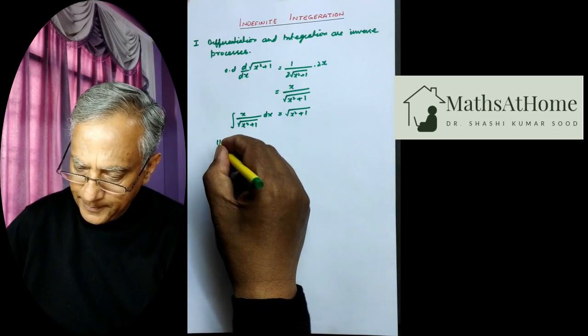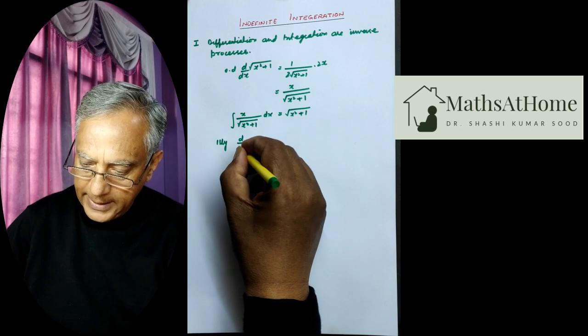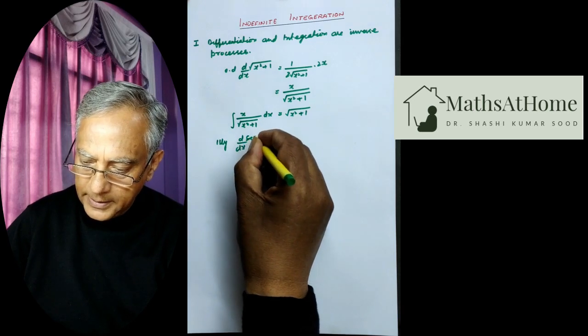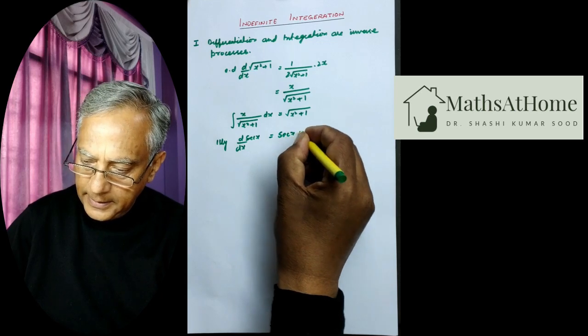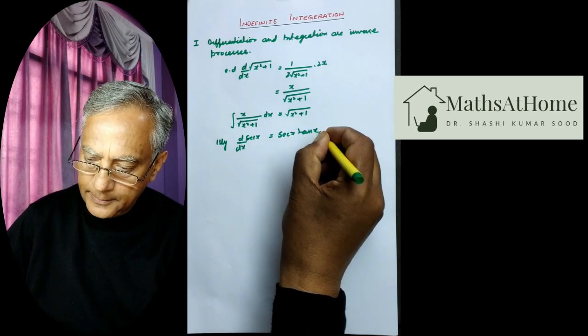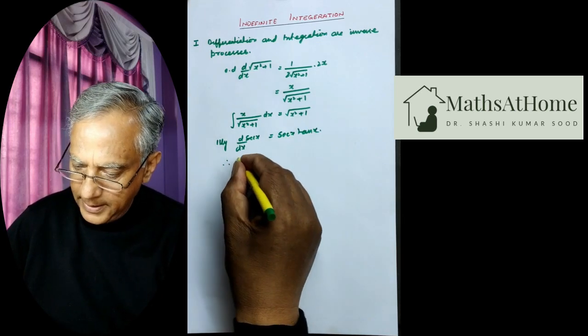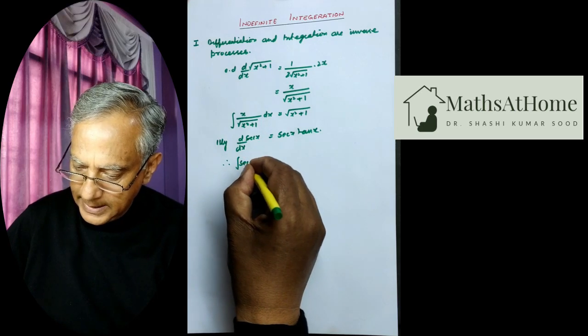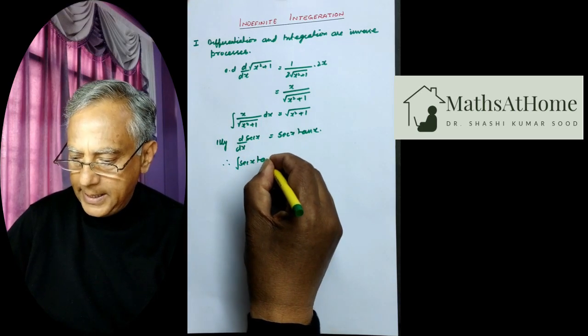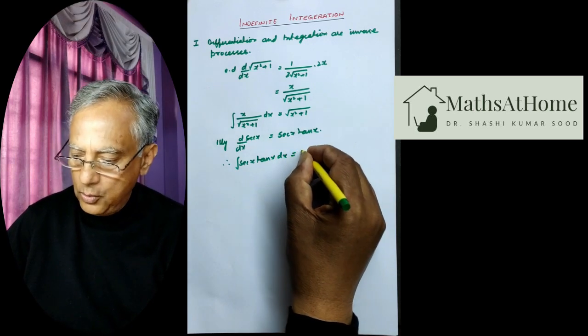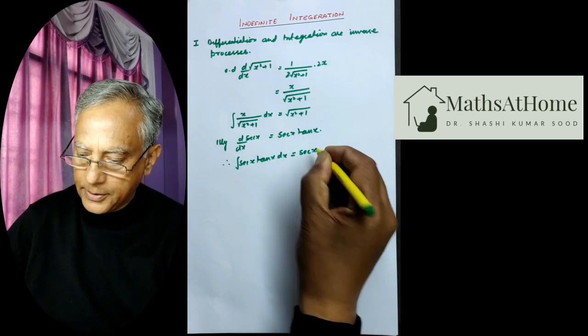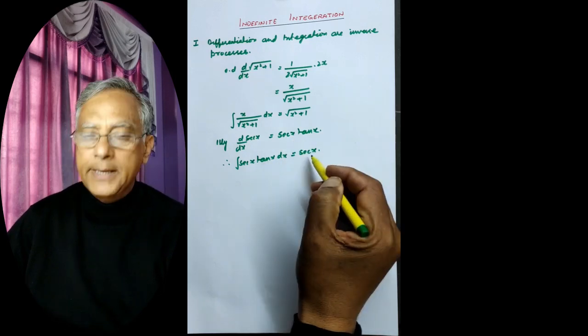And similarly, d by dx of secant x is secant x tangent x. And therefore, integration of secant x tangent x with respect to x will be equal to secant x.